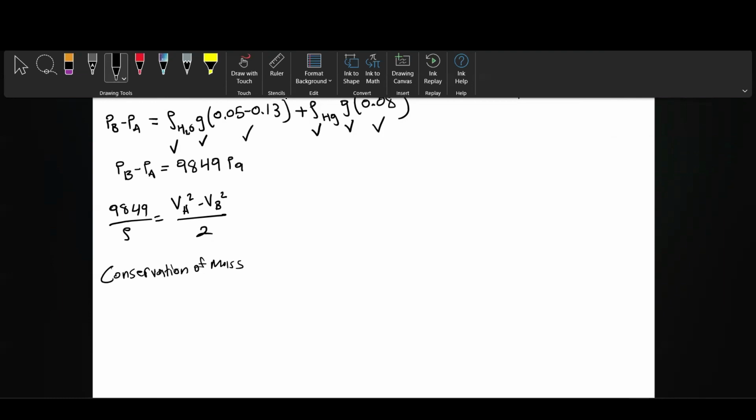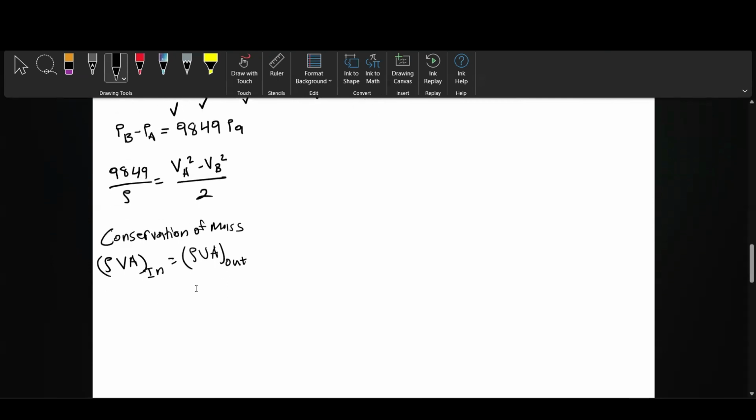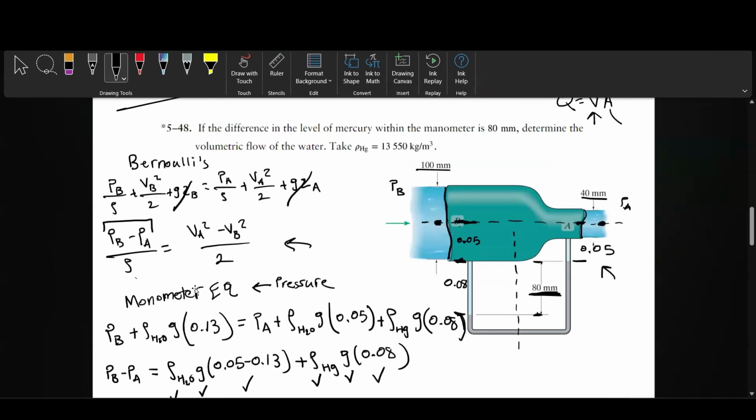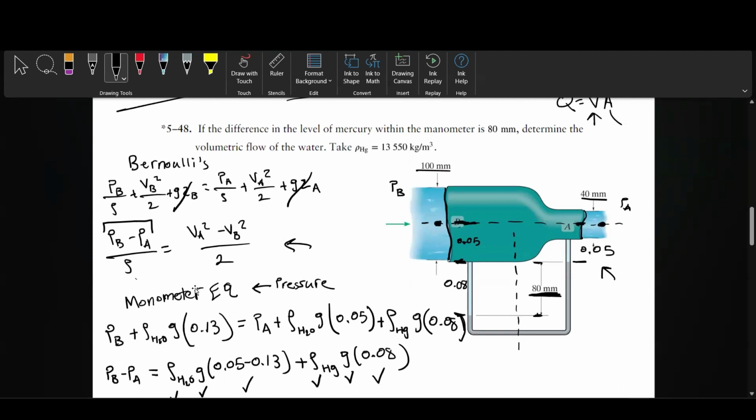After you make all your assumptions, it's going to be rho VA in equals rho VA out. Now you have to be careful about your assumptions. I'm just saying after you make all your assumptions. In this case, you have to really be careful about how you read the problem, and you have to know what assumptions you're making.